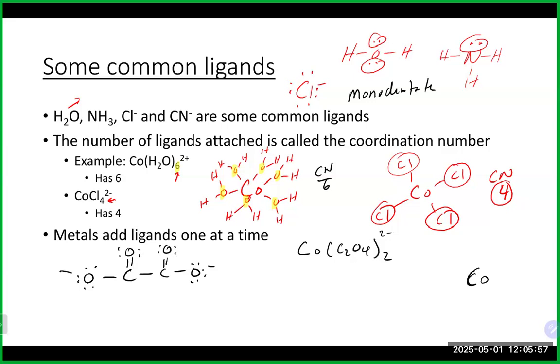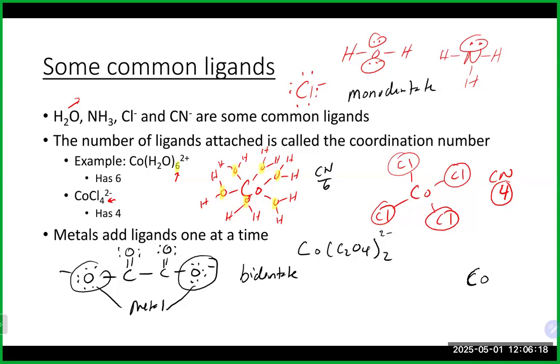And oxalate is different than, say, chloride or water. It is what is known as bidentate, meaning that it can attach to a metal in 2 places per molecule. It's those single bonded oxygens that can attach.